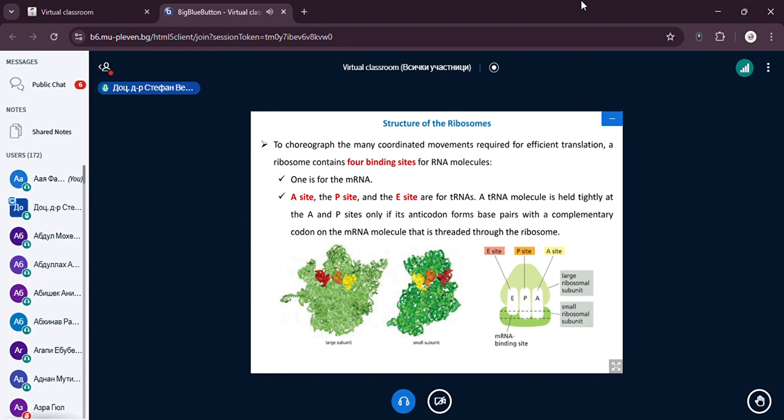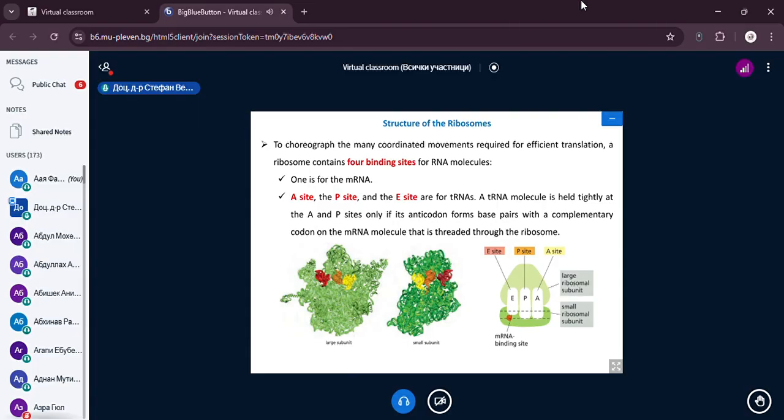So how do these ribosomes guide the process of translation? To guide the translation, ribosomal subunits contain binding sites. There are at least 4 binding sites for RNA molecules present in each of the 2 subunits.